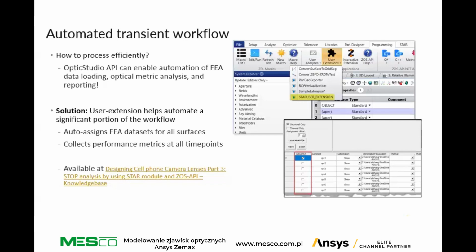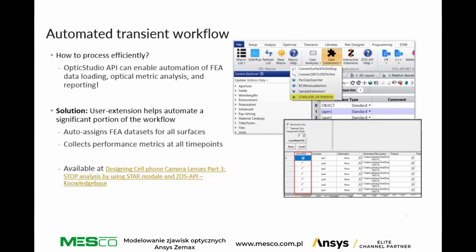There is a STAR user extension. It's available to load multiple data onto the lens system. And the user extension applies the data sets that you have from all the time and temperature points in an automatic way. So you don't need to do it one by one.